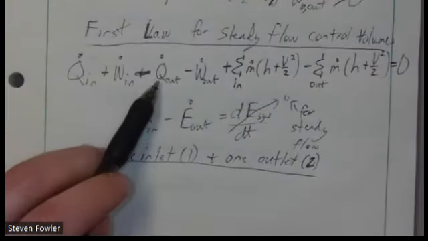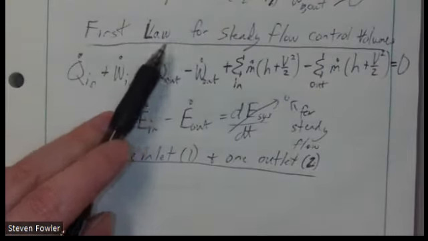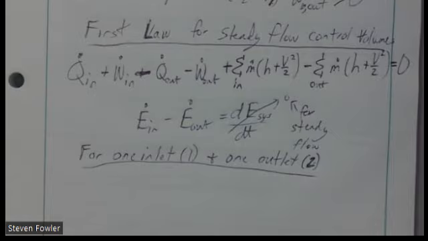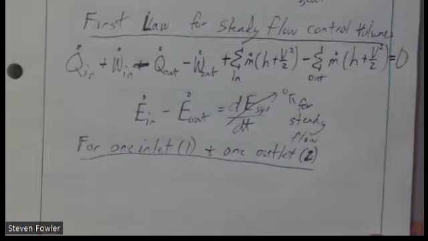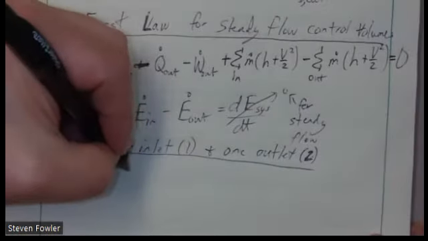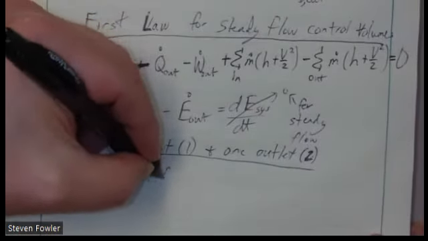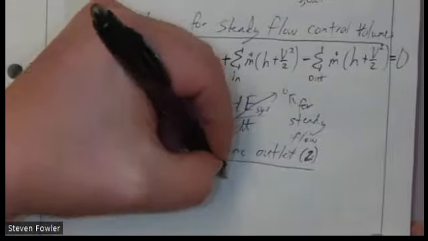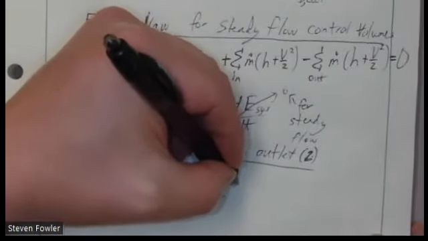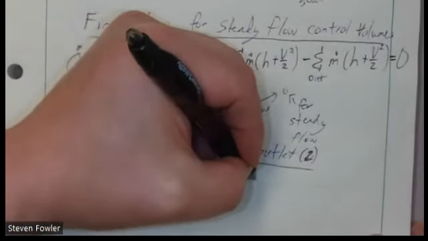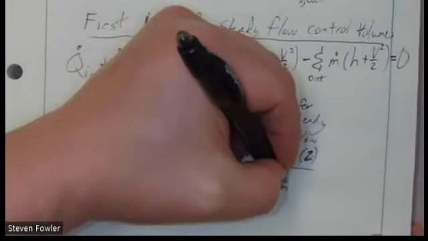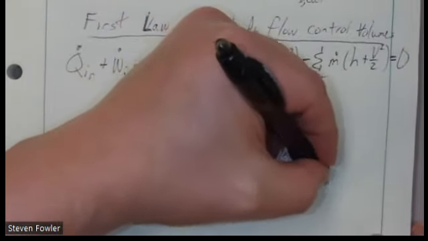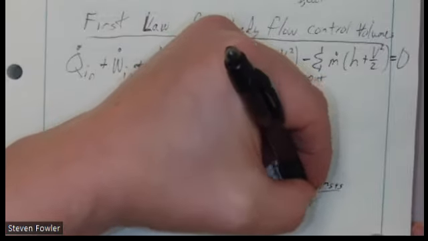So this is always true, but if I apply one more assumption to further simplify this, something happens with the conservation of mass. I've got one inlet and one outlet. Conservation of mass always says that the sum across all the inlets of m dot minus the sum across all the outlets of m dot is equal to the change in the mass of my system with respect to time.